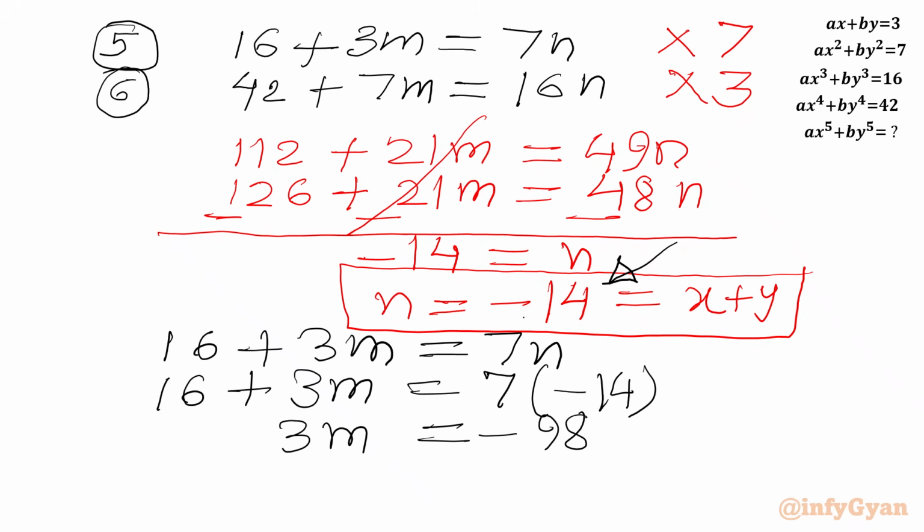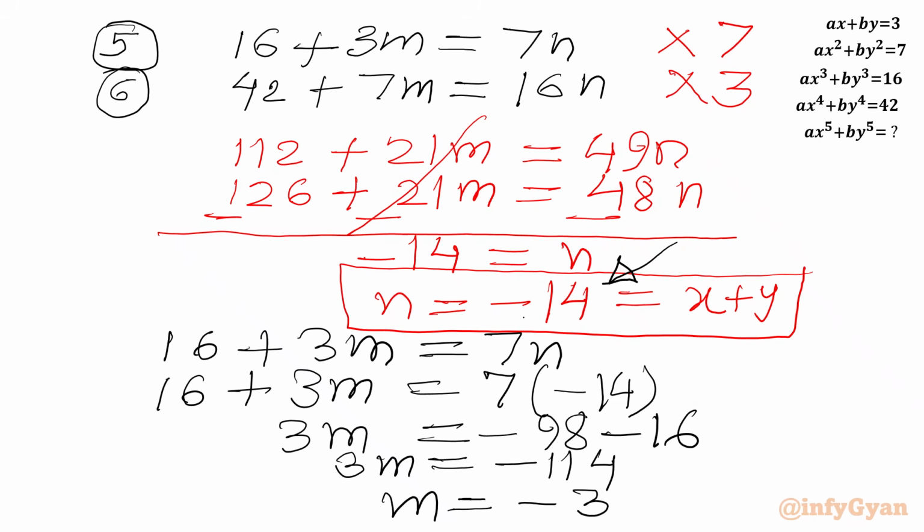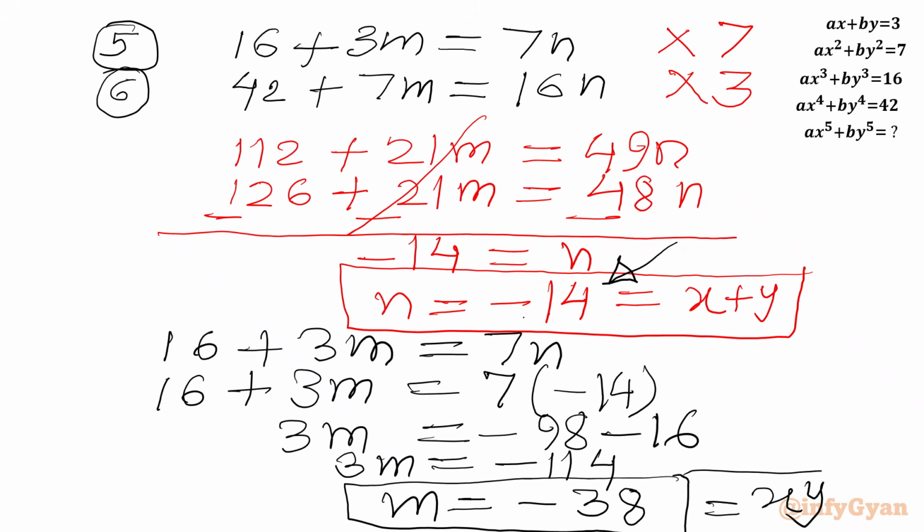We will take 16 to the RHS, so we will write minus 16 over here. So minus 98 minus 16 will be minus 114. Now we will divide both sides by 3 to get the value of m, which will be equal to minus 114 over 3, minus 38. And this is equal to xy. Now we have x plus y minus 14, xy minus 38.